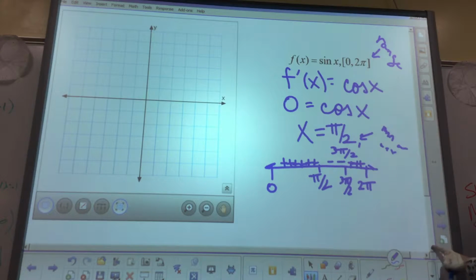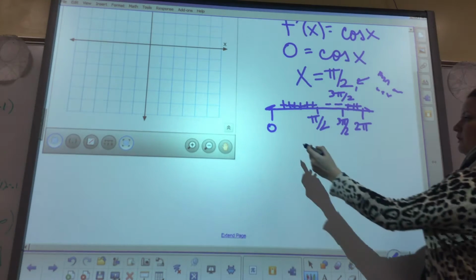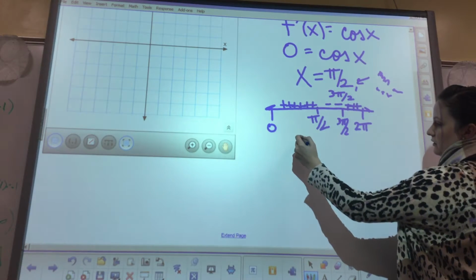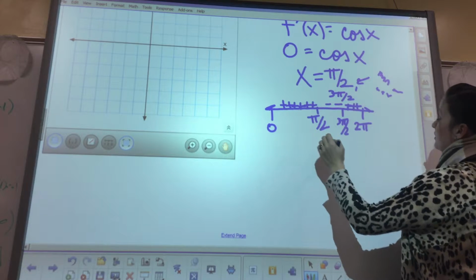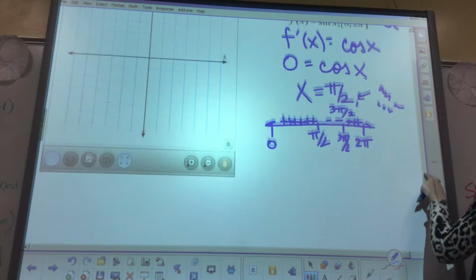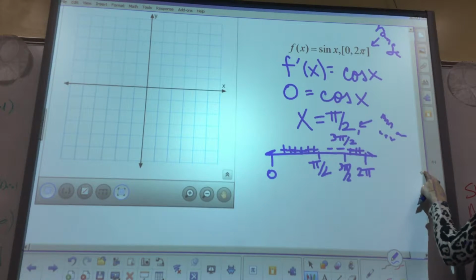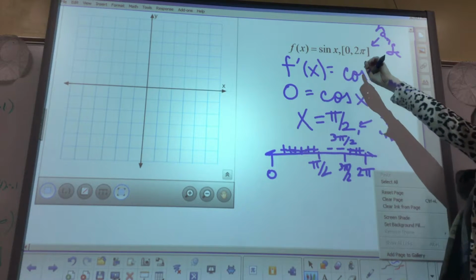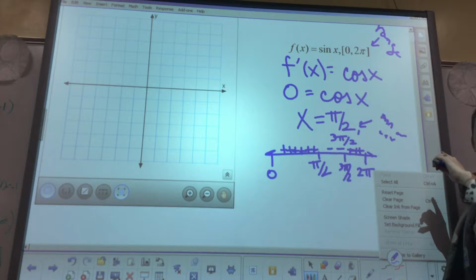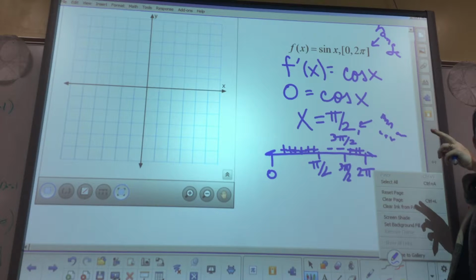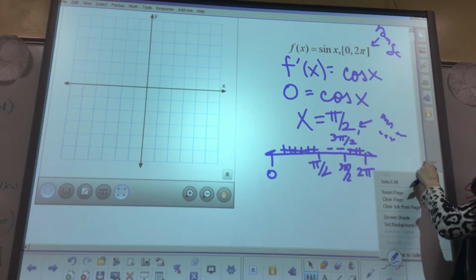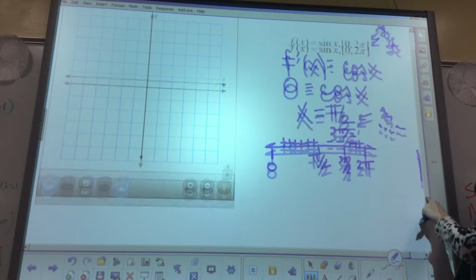Okay, so our intervals, we are increasing from... Now, this is something you're going to have to ask Mrs. Leafhead about. Since the range has the 0 included, I'm going to include it in my interval too, but I'm not sure if that would change if it was not included. That's something you should clarify with Mrs. Leafhead on Monday.